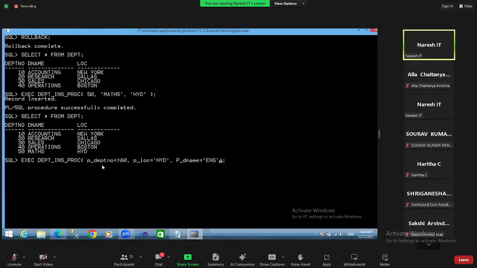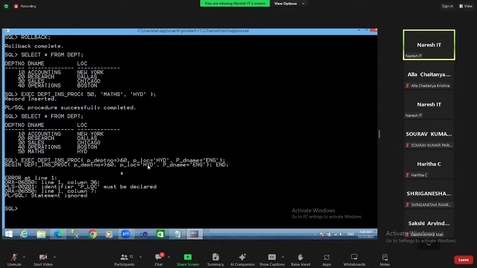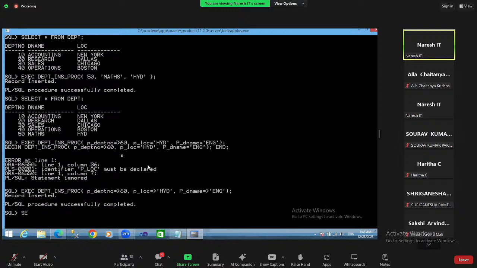Observe this, guys. 60 belongs to department number, Hyderabad belongs to location, English belongs to department name. At the time of calling, I clearly tell the system to take 60 as department number and Hyderabad as location. See, P_LOC arrow. Okay, P_DNAME, this one. So observe, this procedure is executed.